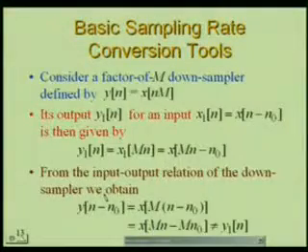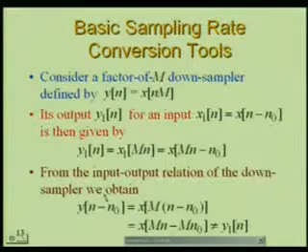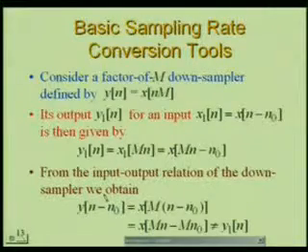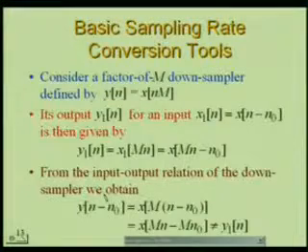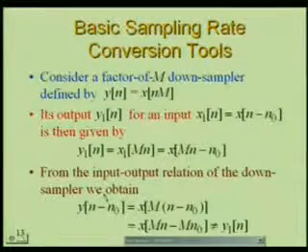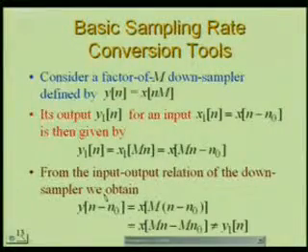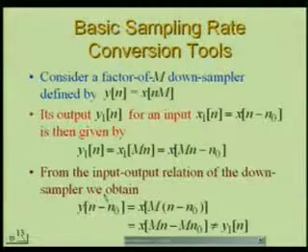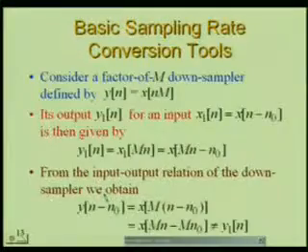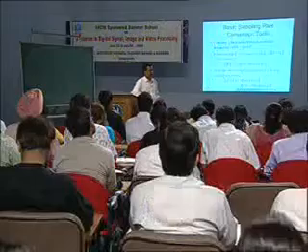Then the output, when x1[n] is the input, y1[n] is the corresponding output. So, what should be y1[n]? It is simply x1[Mn], that gives you x[Mn minus n0], because you know the shifting theorem.